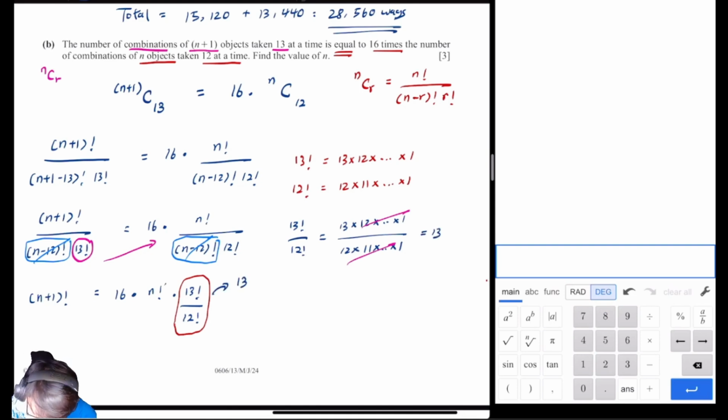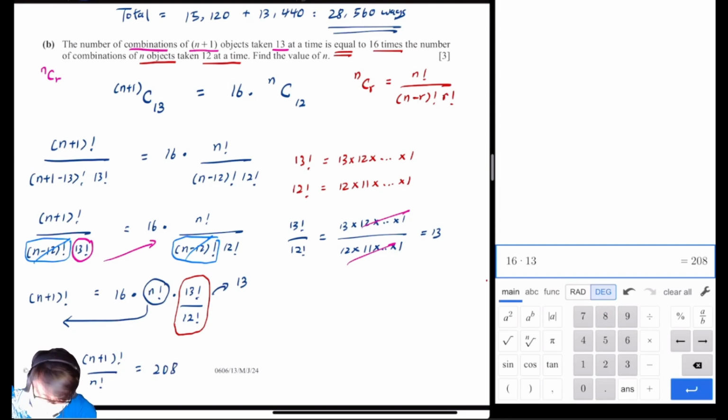So n plus 1, and I'm going to move the n to the left hand side, so it will look like n plus 1 factorial over n factorial is equal to 16 multiplied by 13. Let me just multiply this. It will be 208. So now what do we have? n plus 1 factorial is n plus 1 multiplied by n, multiplied by n minus 1, and eventually the list will go on and on. n factorial will be n, n minus 1, and so on.